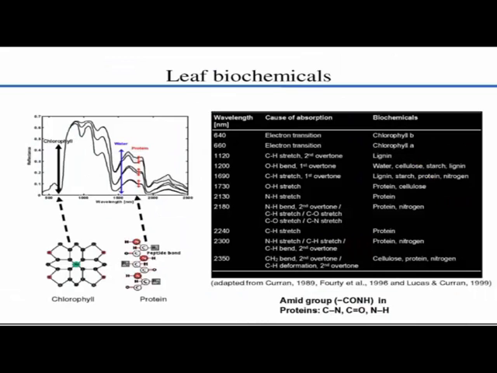Then coming back to leaf biochemicals and how they affect the reflectance, you can look back to 1989, contributed by Curran and Fourty et al., later 1996, and also Lucas and Curran 1999. You can see the wavelength range given here from 640 to 2350.